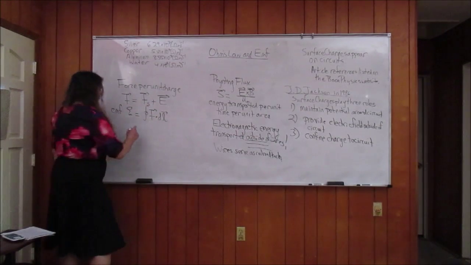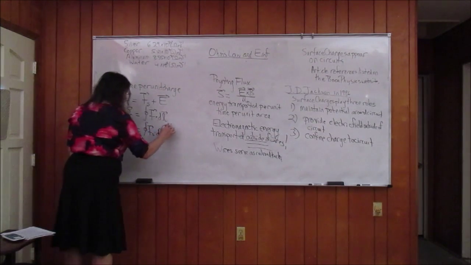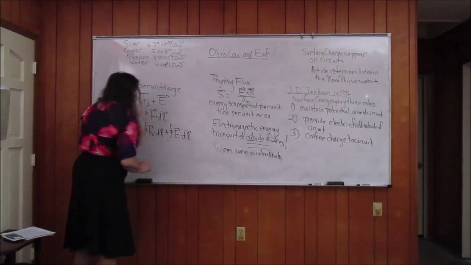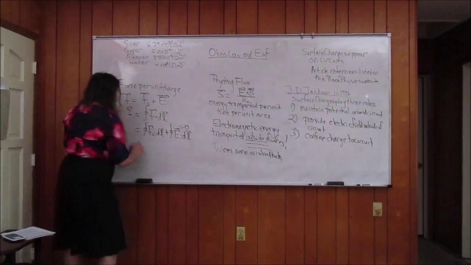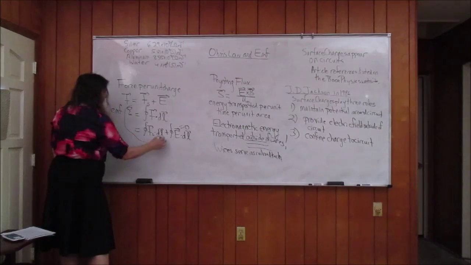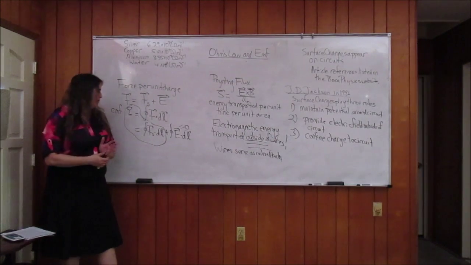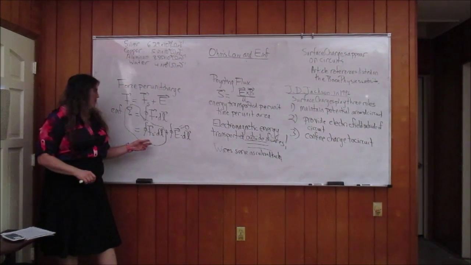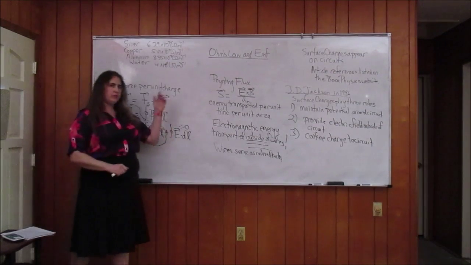Well, just like before, the line integral of an electrostatic field around a closed circuit vanishes, so that term just drops out, and we are left with the EMF equal to the line integral of the force per unit charge by the source around the circuit.